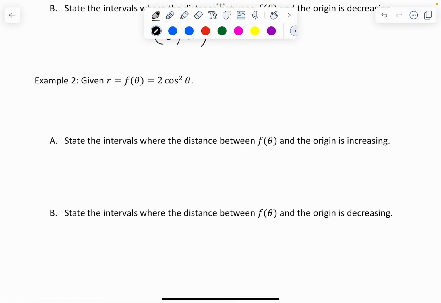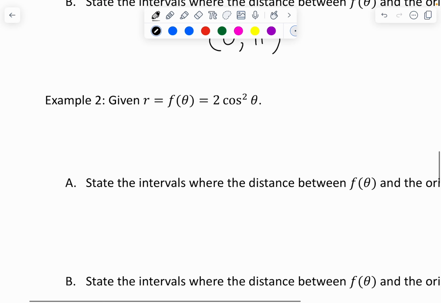Ooh, look, this one came from our calculus teacher. Whenever I take cosine and I square it, I'm only going to get positive values. So the biggest value that I'll ever get is when I plug in, say, 0. f of 0 would be equal to 2 times cosine squared of 0.